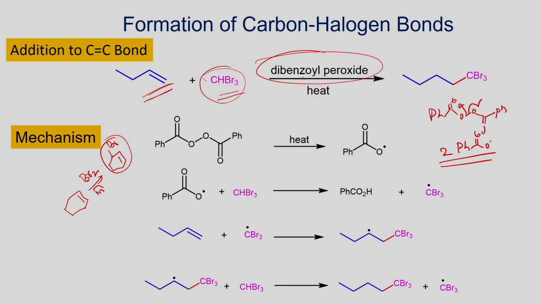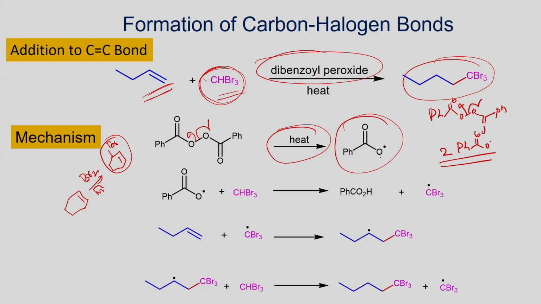So, in the presence of this dibenzoyl peroxide, this alkene readily undergoes reaction with this one, and you will be able to get this derivative. The reaction mechanism is shown here. As I just mentioned, when you heat this one it can undergo homolytic cleavage, since this bond is very weak, and you will be able to get this radical.